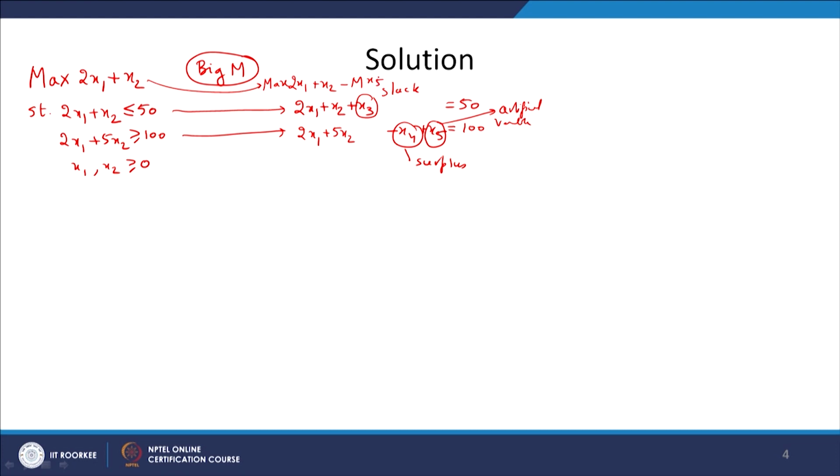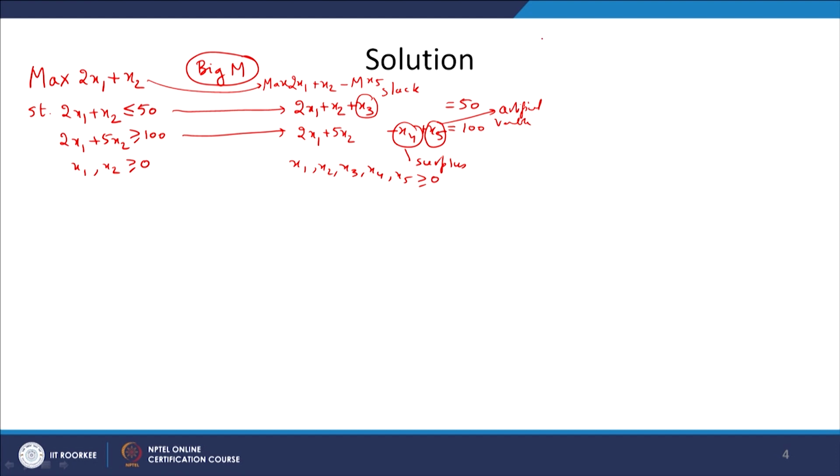I hope you recall why we have to do this, because at some iteration, we want the artificial variable to disappear from the basis. Of course, you need to make sure that all the variables from x1 to x5 are greater than or equal to 0. Now, let us begin our simplex procedure as before.